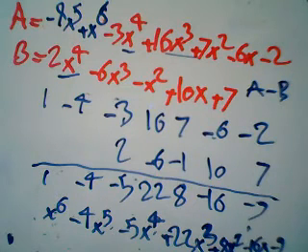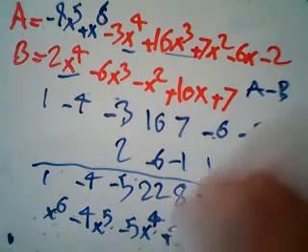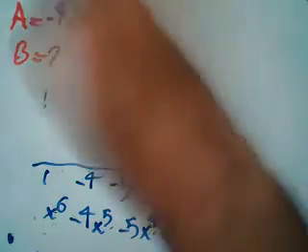Okay, and let's have another example. And the reason for arranging the polynomials in ascending or descending powers of x is that we are sure that the coefficients of the same powers of x are written in the same column.